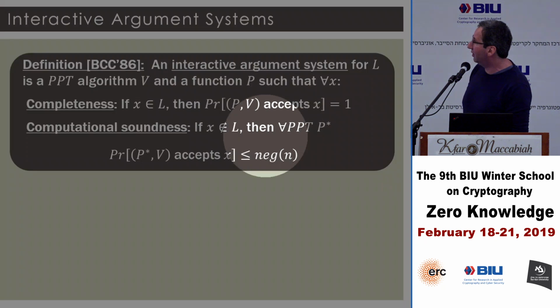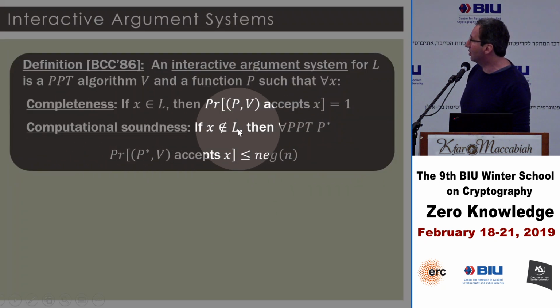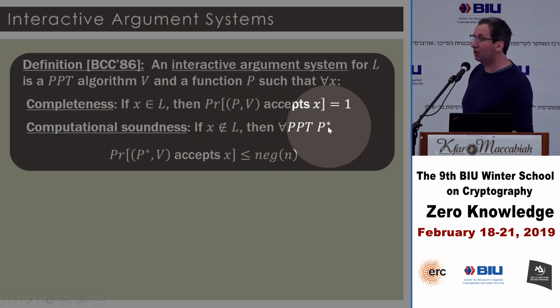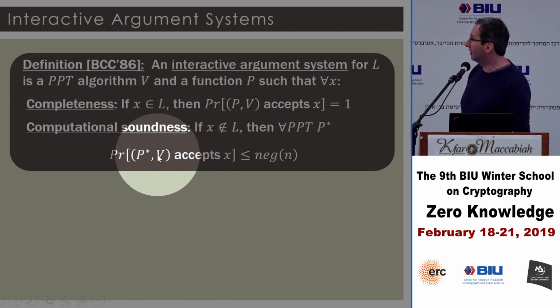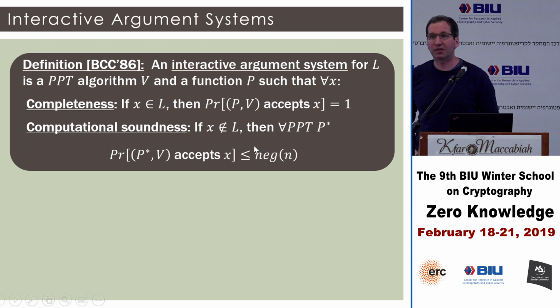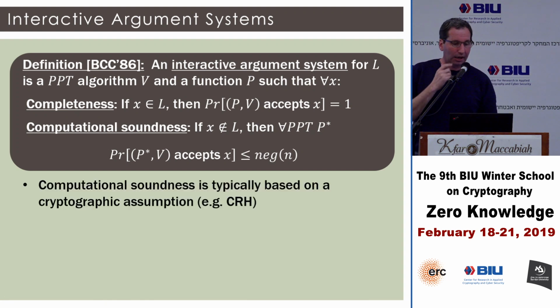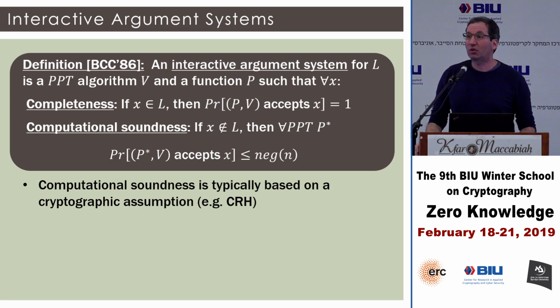The relaxation here is in the soundness property. It requires that if X is not in the language, then for every probabilistic polynomial-time cheating prover P star, and the relaxation is here, that we quantify only over polynomial-time provers, the probability that the prover makes V accept is negligible in some security parameter N. And typically, this computational soundness is based on a cryptographic assumption.